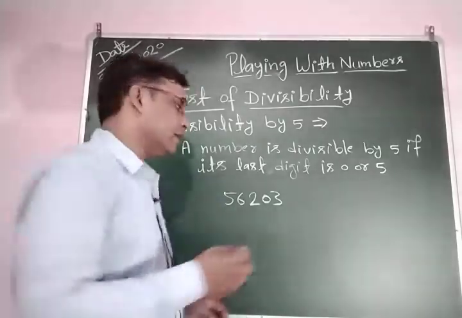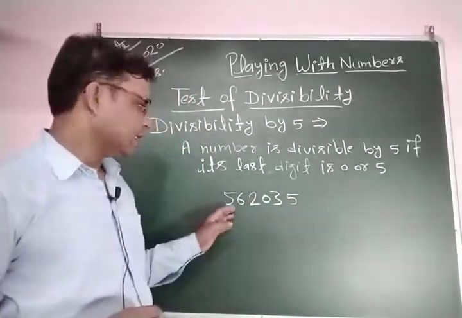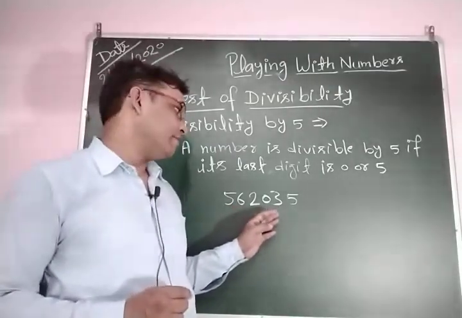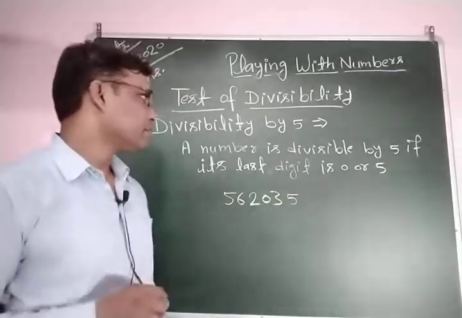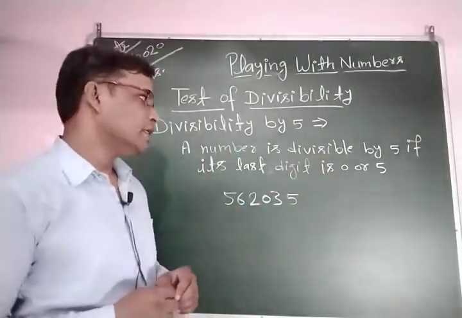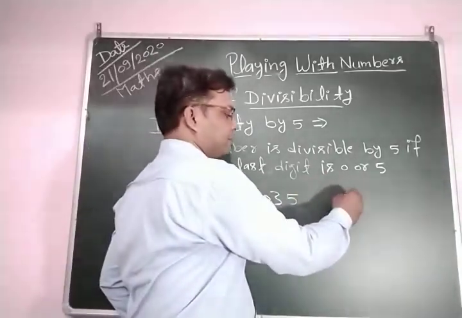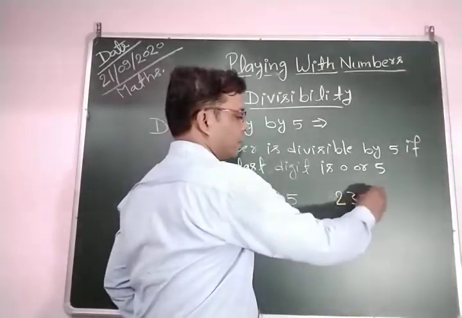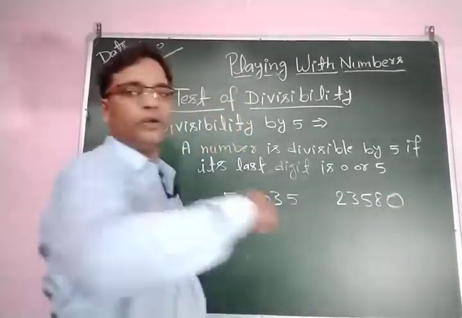You can write like this: 5. Of course this number is divisible by 5 because its units place digit is 5. A number is divisible by 5 if its last digit is 0 or 5. Another example you can take: 23580.